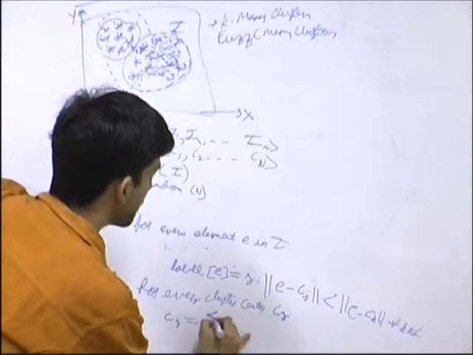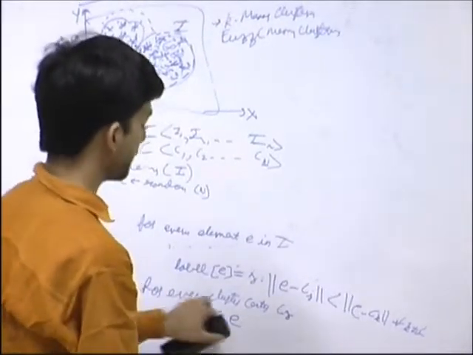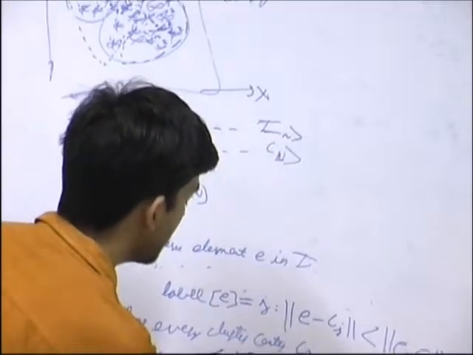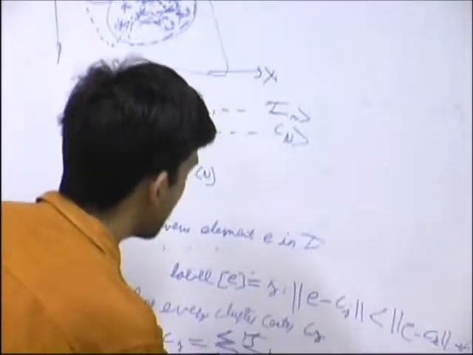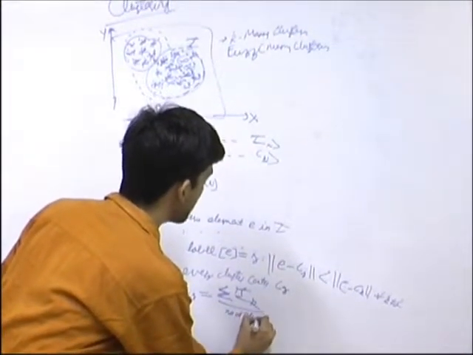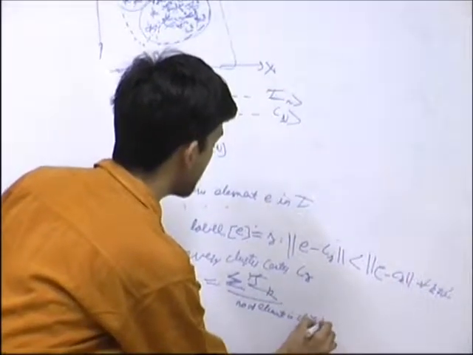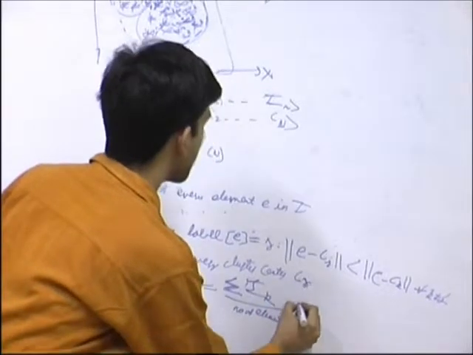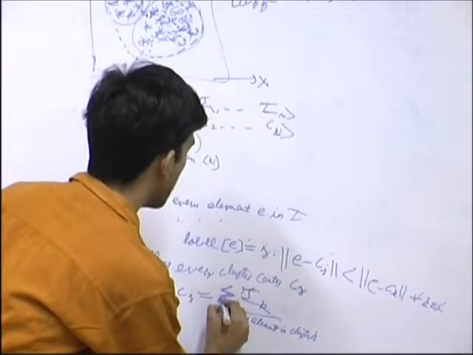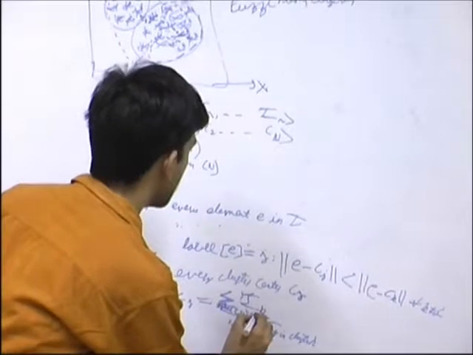So I say it is the summation of the input Ik divided by the total number of elements in cluster K, and this summation is such that the label of Ik is nothing but J.